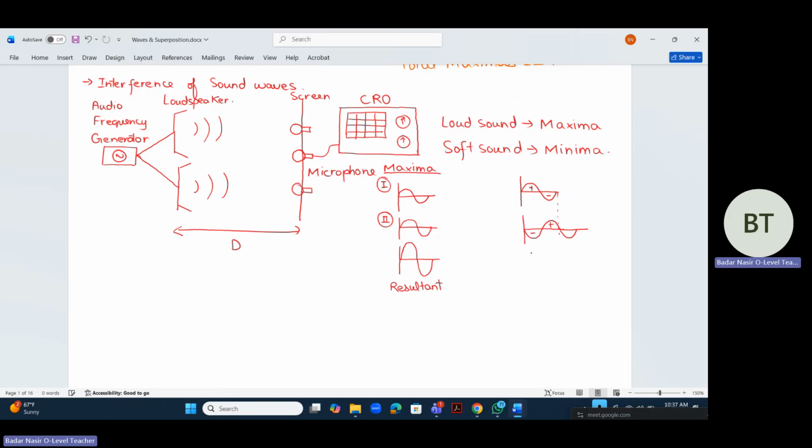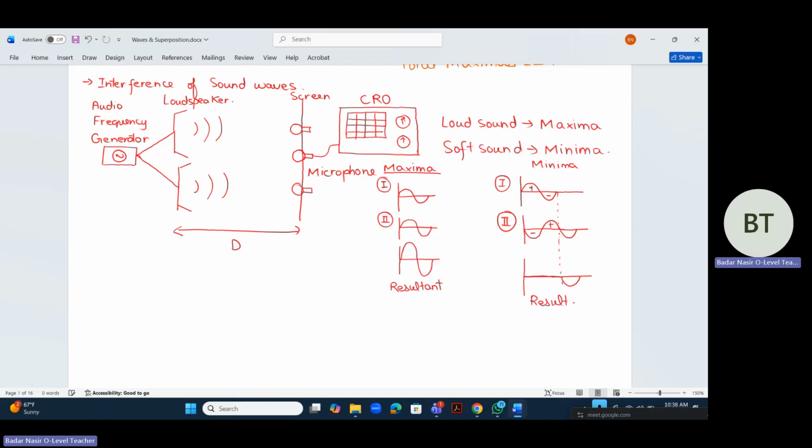So we can clearly see that their amplitudes will cancel out the effect. So ultimately we will have no sound in this region and we will have मतलब सिर्फ ये रह जाएगा because there's nothing to add into that. So this is minima and this is the first wave and this is the second wave and this is the resultant wave.